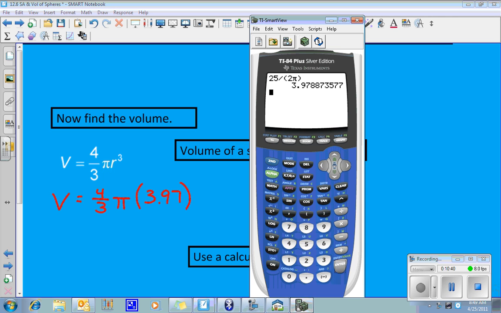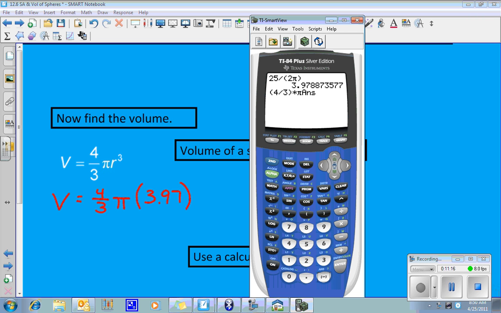But again, when I'm going to use my calculator, I'm going to use 4 divided by 3 times pi. And if you're in doubt, always put your fractions into parentheses. This is okay, but if you're in doubt, you can always add parentheses around your fractions, and it will read it correctly. Times, and I'm going to use the second answer key to pull up the 3.978873577 so that it reads it correctly.